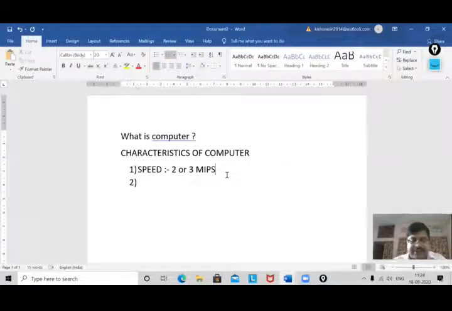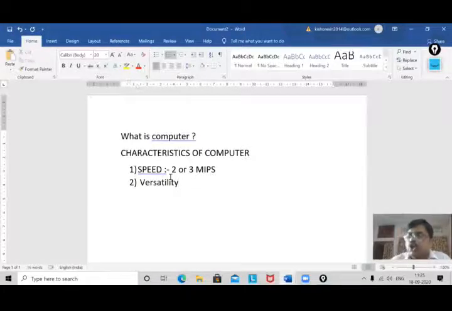Now, the next part is versatility. What is versatility? Versatility means a variety of tasks.